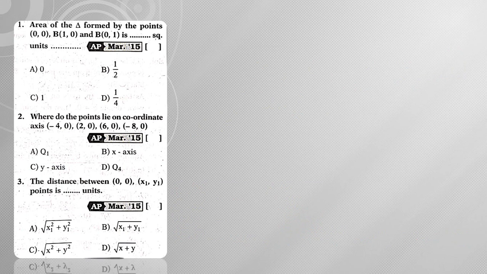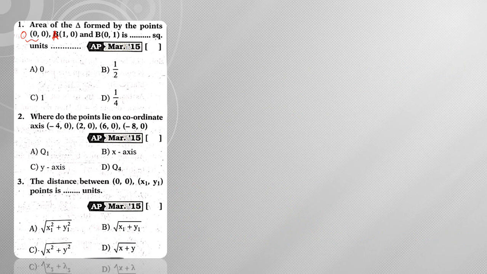Question number 1: area of the triangle formed by the points 0, 0, A 1, 0 and B 0, 1. So this is the origin, this is A 1, 0 and B 0, 1. Then what is the area of this triangle? Now let us see.